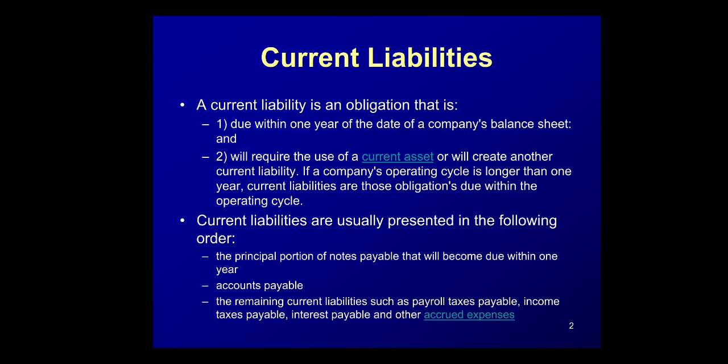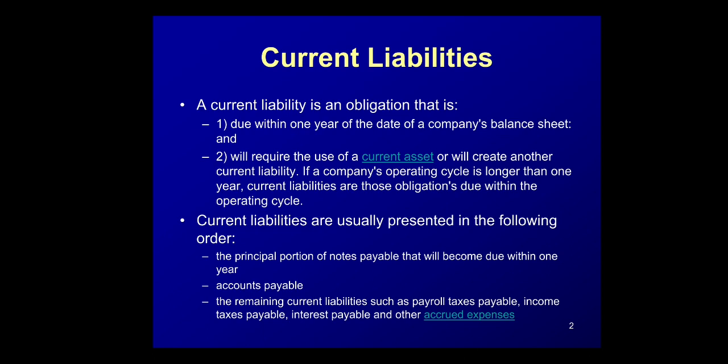So if you see a liability has to be paid by a business within 1 year, then that liability is a current liability. Okay, that is the most important thing.